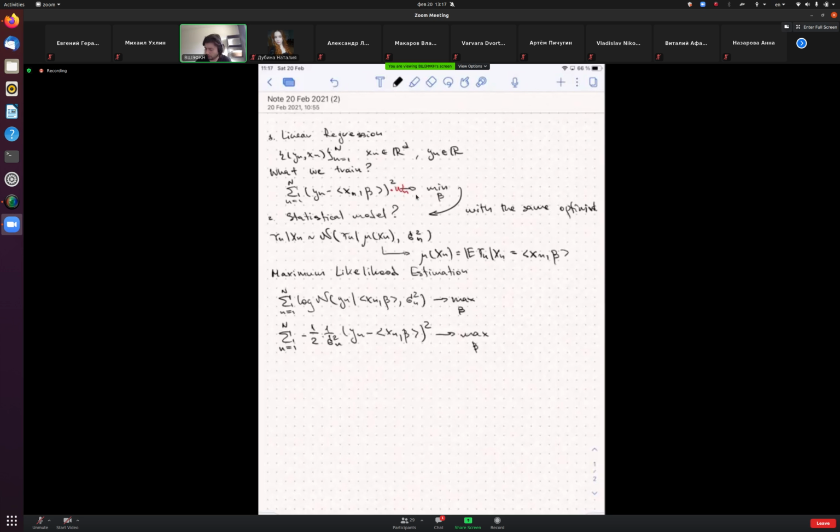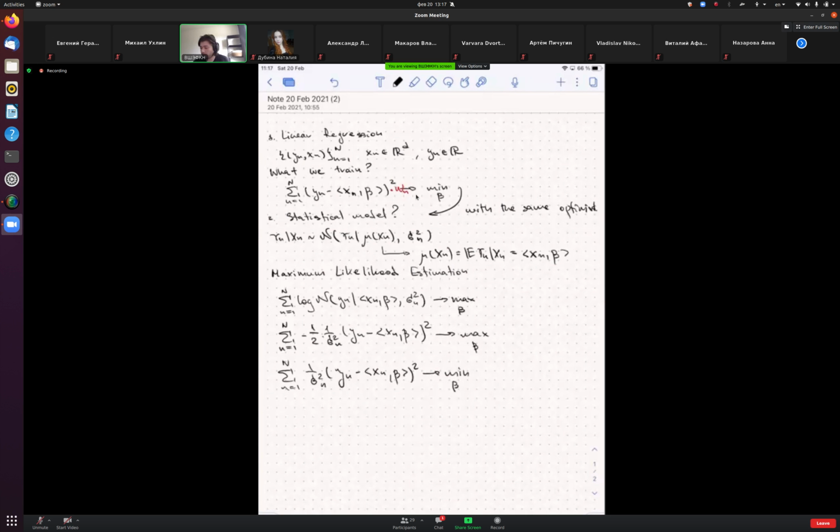Then I could modify it a bit, multiply by -2, just to keep it clearer. And then it's a minimization problem.